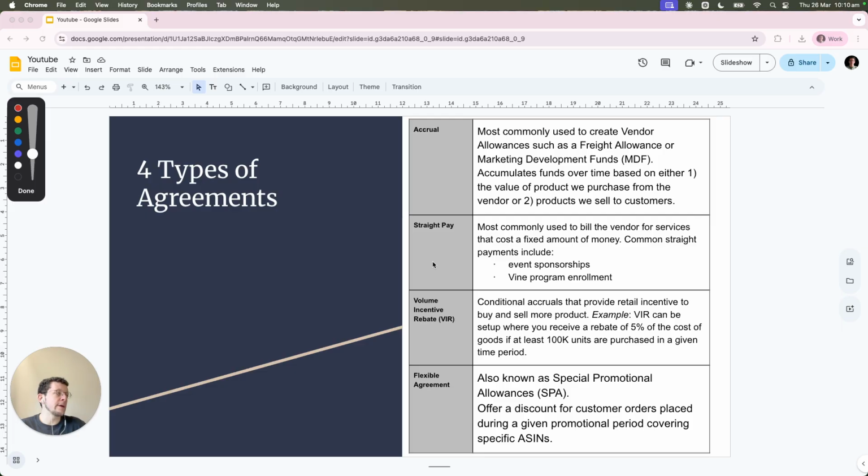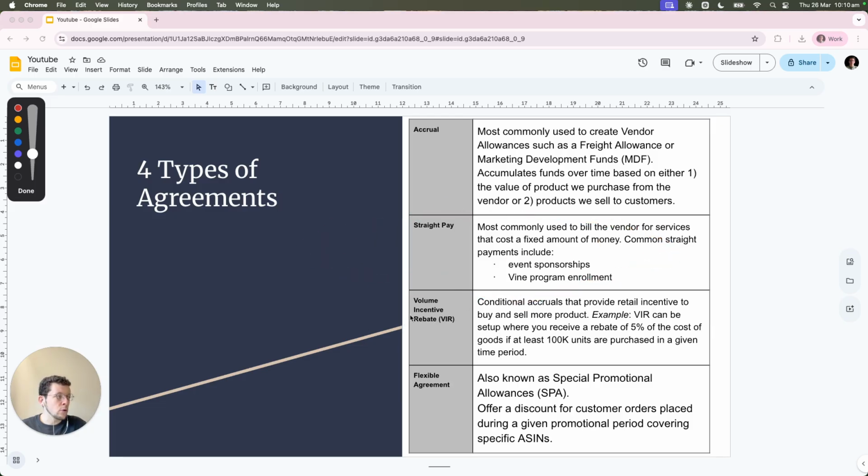So generally speaking, Amazon will prefer accrual agreements because they scale with units sold or units bought from you, whereas a straight pay agreement is typically just a lump sum. It doesn't scale. But having said that, one-off costs will typically be straight pay agreements.